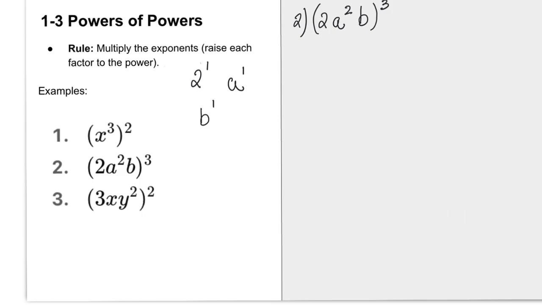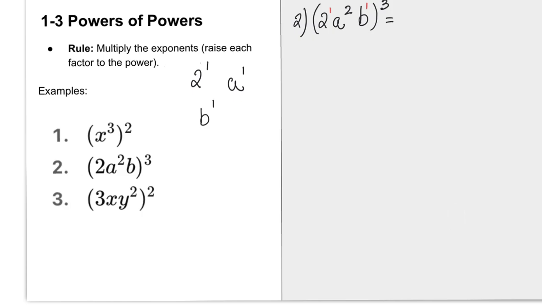So let's go ahead and write those exponents next to it. You don't really need to write it, but for you to organize the information clearly and understand what you need to do and really separate those factors, it will be helpful to have that exponent of 1 in there just to help you organize the information. Okay, so let's go ahead and, since we have more than one factor in there, we can basically separate them.